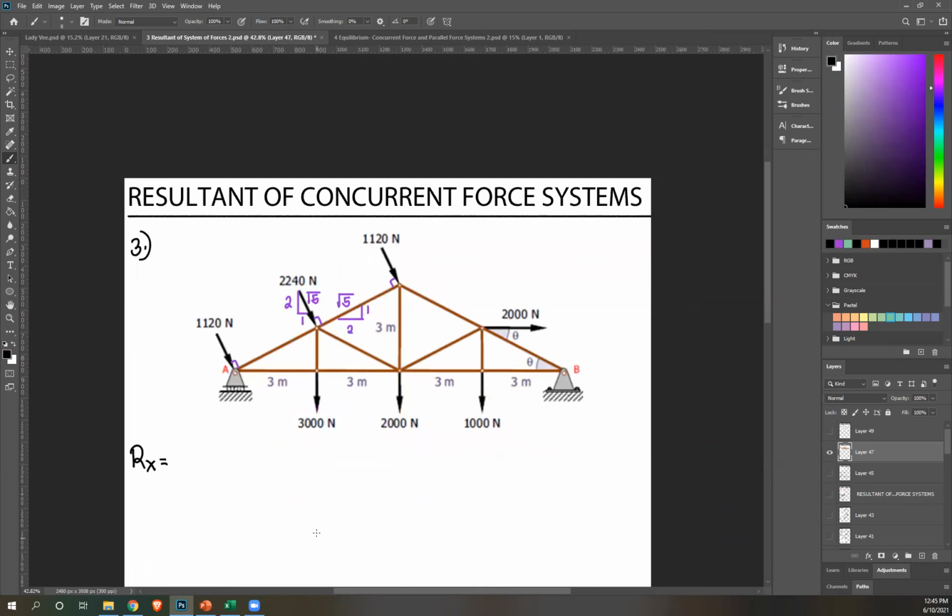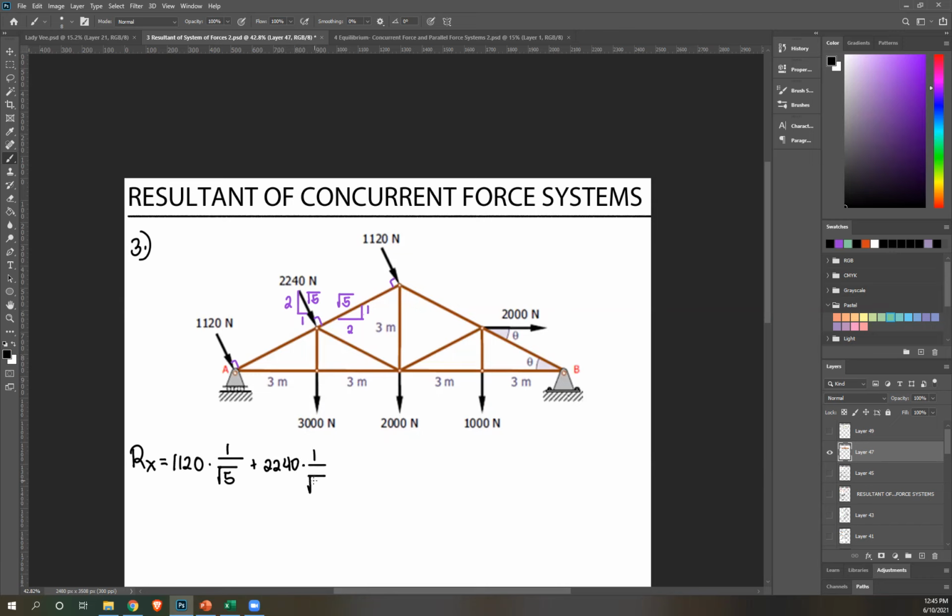So let's start here. 1120. It's to the right, therefore positive 1120. X component, so that's horizontal divided by hypotenuse. So 1 over square root of 5. Let's move on. 2240 to the right, so positive 2240 and same slope.